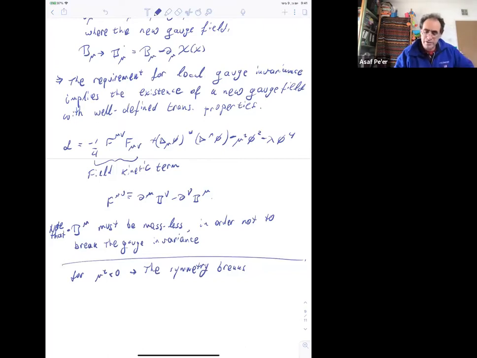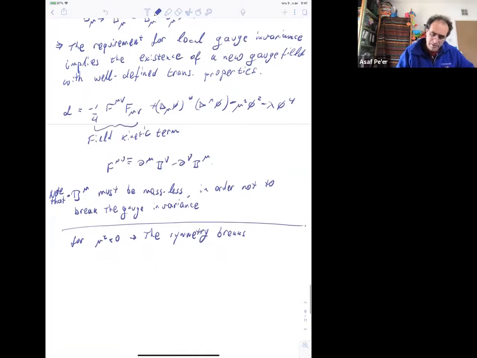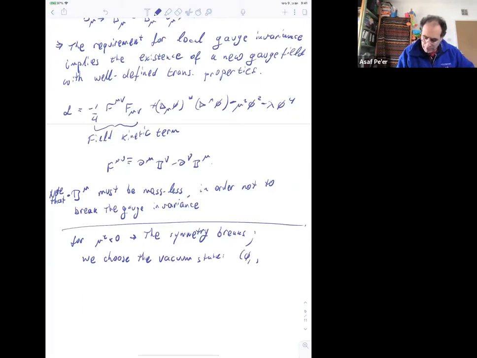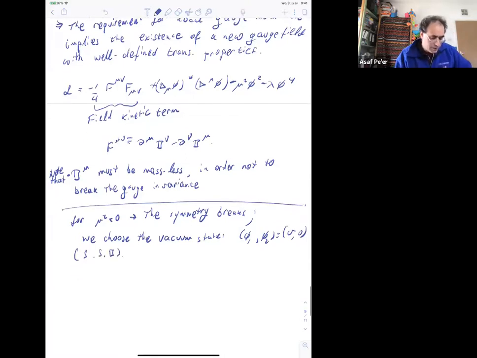So as we did previously, we choose the vacuum state, phi 1, phi 2 equals v and 0, exactly what we did previously. This is the spontaneous symmetry breaking, or SSB. And then we expand the complex scalar field around this new vacuum state.